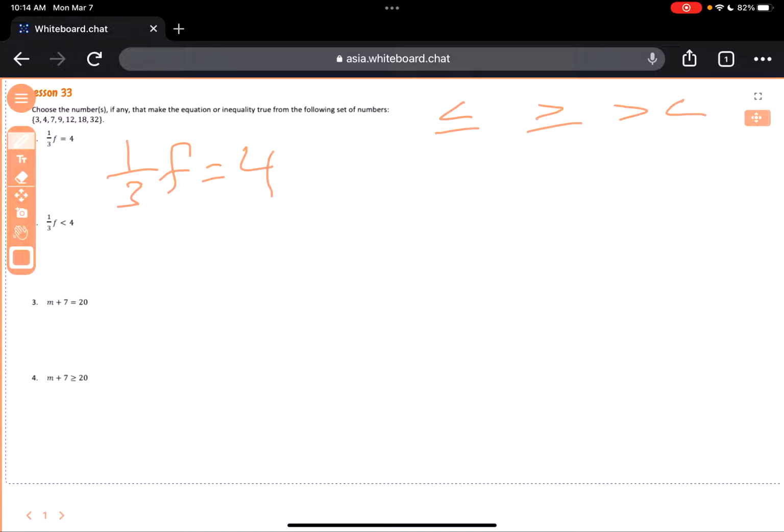Whenever you have a fraction, to get rid of the fraction, you want to get rid of the denominator. How can we get rid of this denominator? Well, it's divided by 3, so we're going to multiply by 3. Because what's 3 times 1/3?